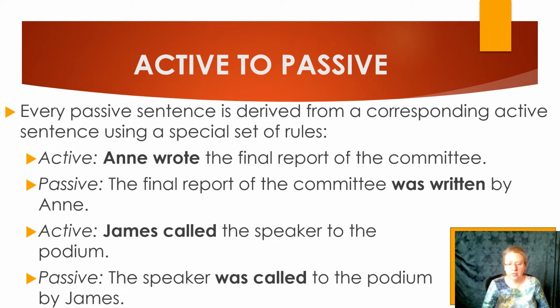Active sentence here, James called the speaker to the podium. Passive, the speaker was called to the podium by James. So in each set, the same action happened. It's just a difference in emphasis. Okay, active and passive, it depends on what you want to emphasize, who was doing the action or who received the action.